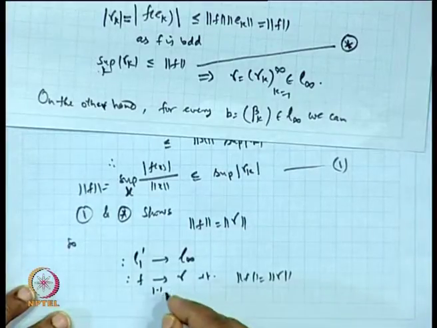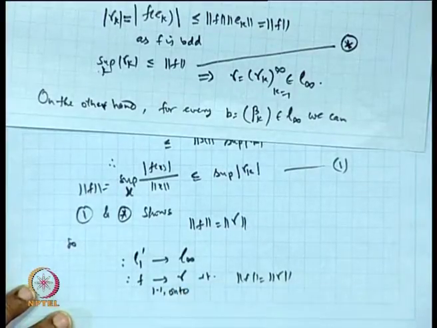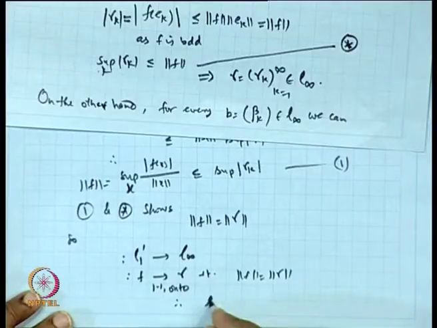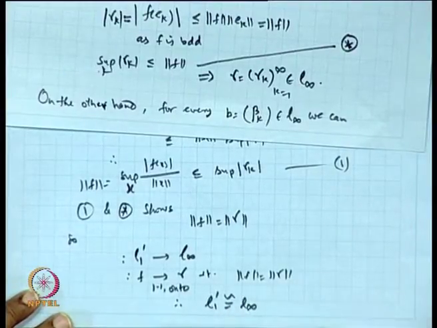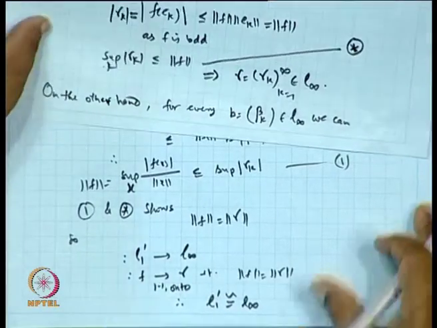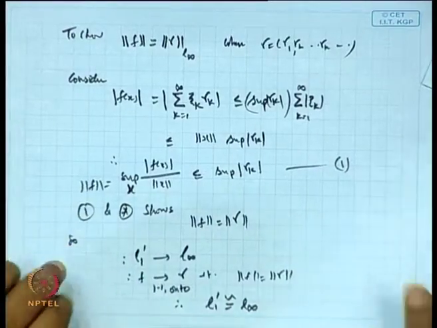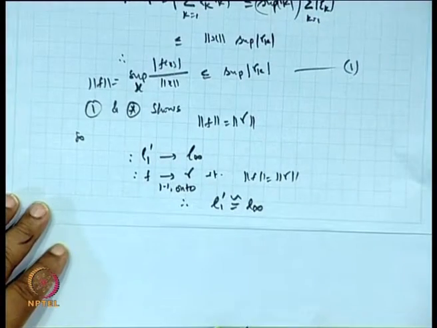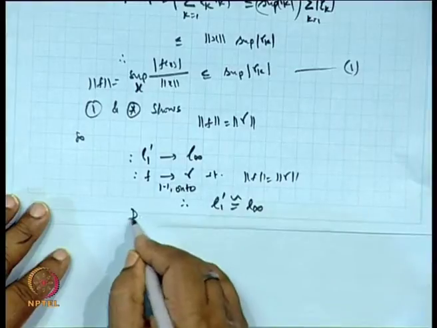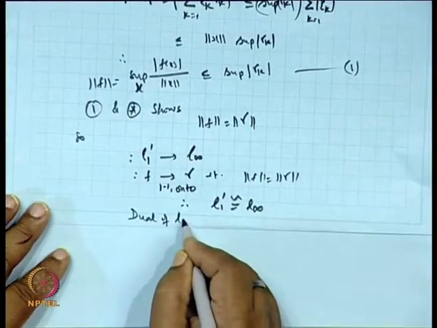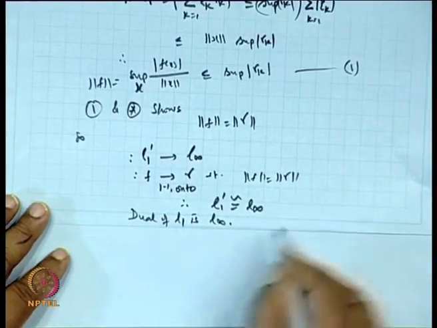It is one-one and onto. So, these two spaces are isomorphic. Therefore, the dual of L1 is L infinity.